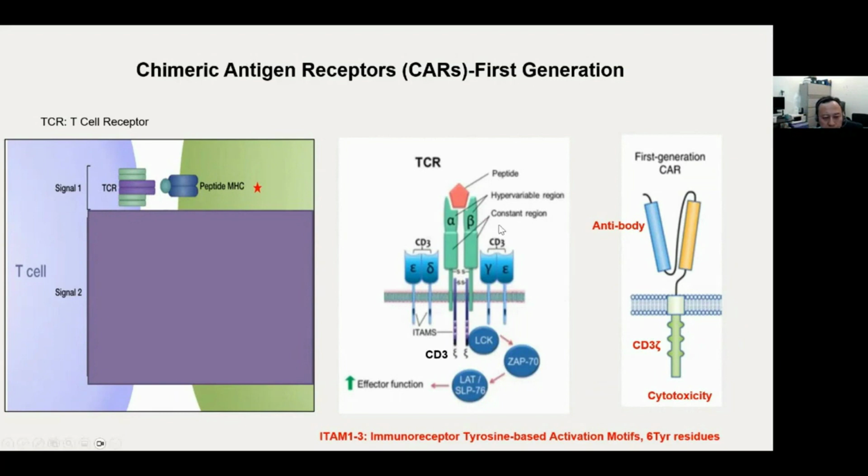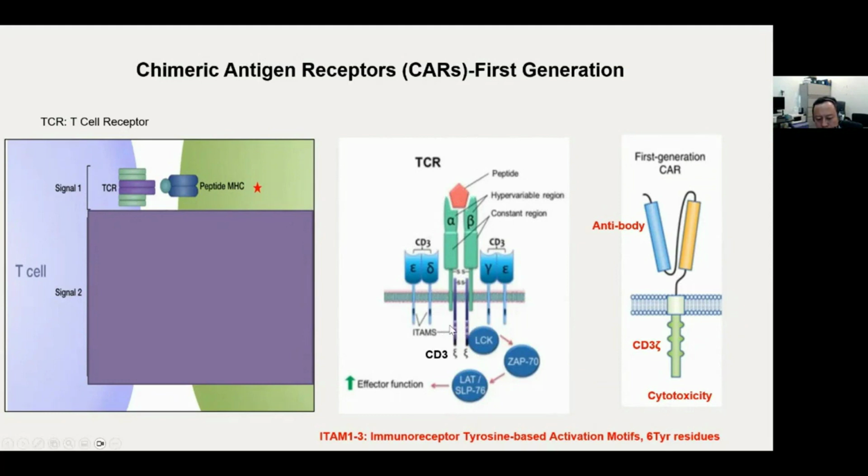Okay, so the T cell receptor complex in our body is very complicated. You see, it basically has 1, 2, 3, 4, 5, 6, 8 protein complex, and it has this part that recognizes the signal, basically antigen, and then it activates this part, and this part, ITAM, is an immunoreceptor tyrosine-based activation motif.